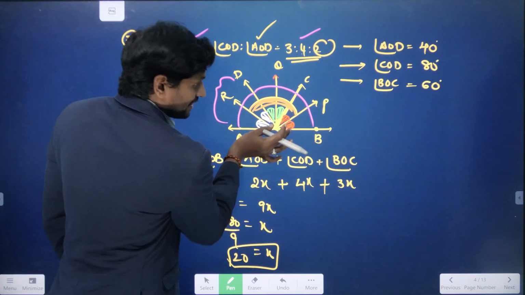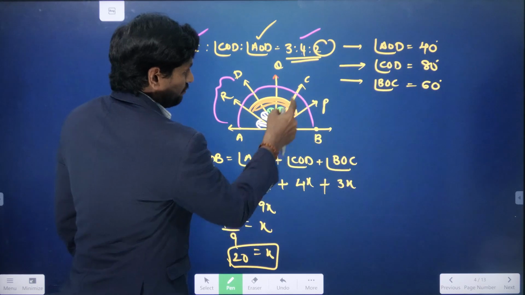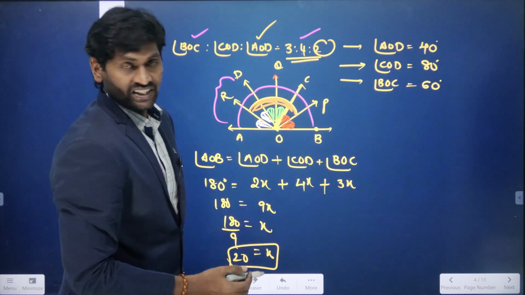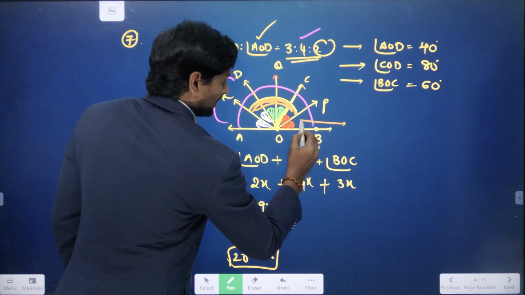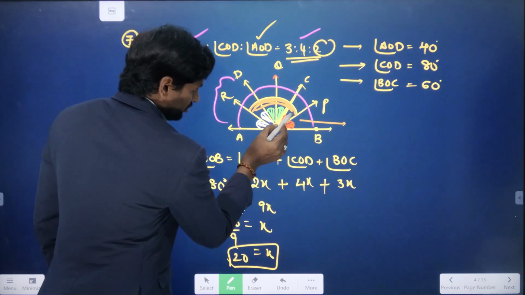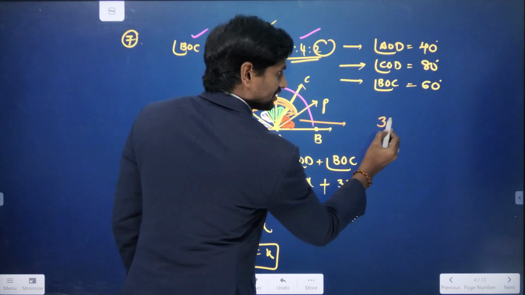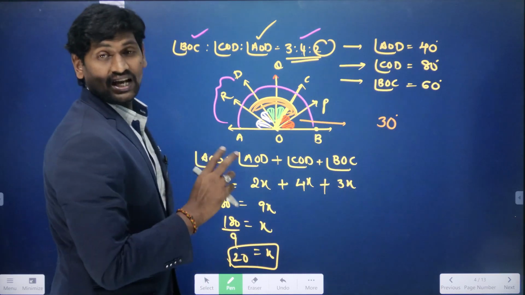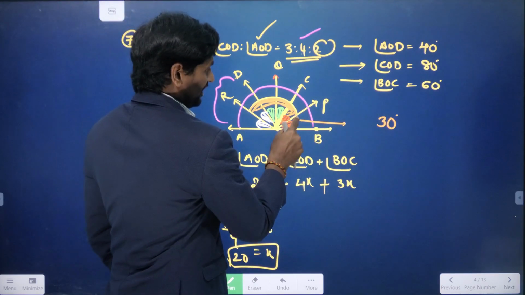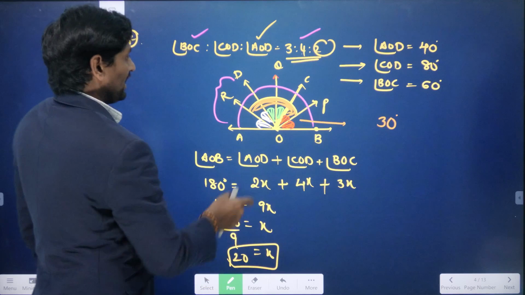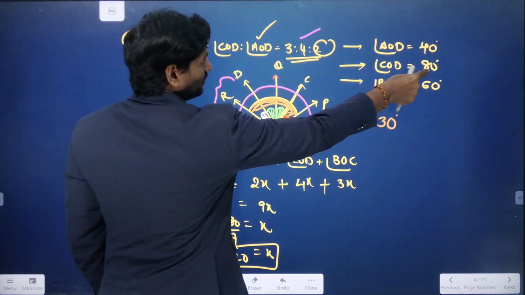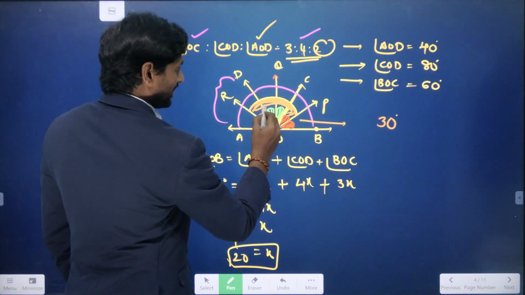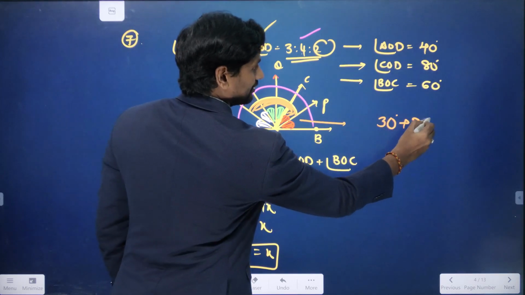We already found separately that BOC is 60 degrees. That means 30 degrees, 30 degrees, but we should use only one 30 degrees, because they are angular bisectors. So 60 I can divide into 2 equal parts. Next, coming to COD, the total is 80 degrees, so we take 80 degrees.